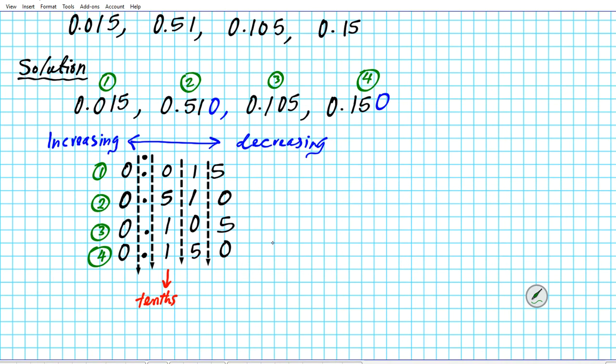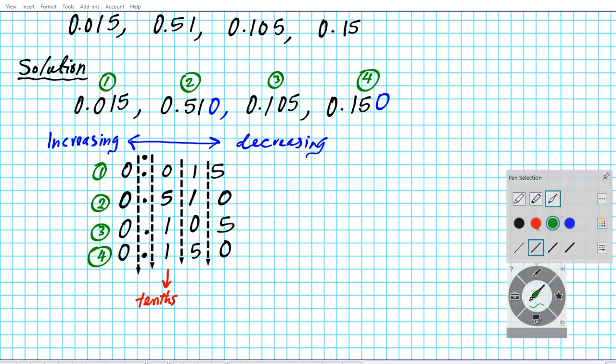So let's see which one is the smallest number. If we look at the tenths place, we're looking for the number that's the smallest. The smallest digit is 0. Since this is the smallest, that automatically makes number 1 the smallest number.